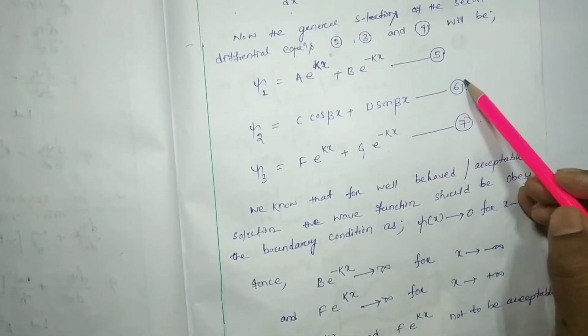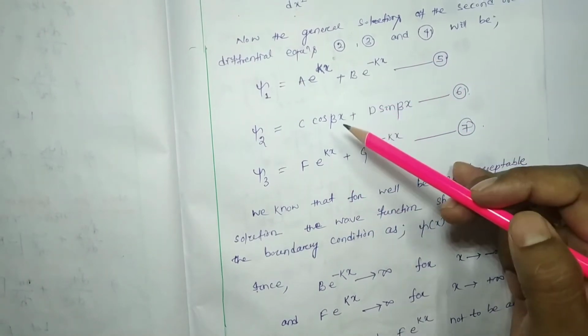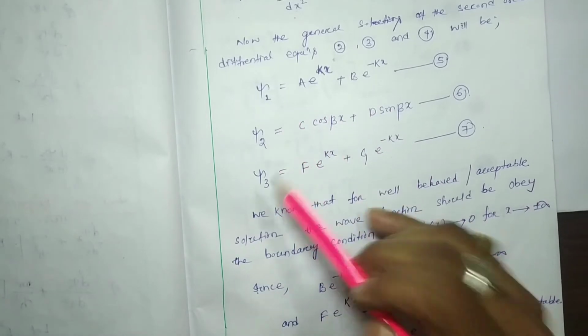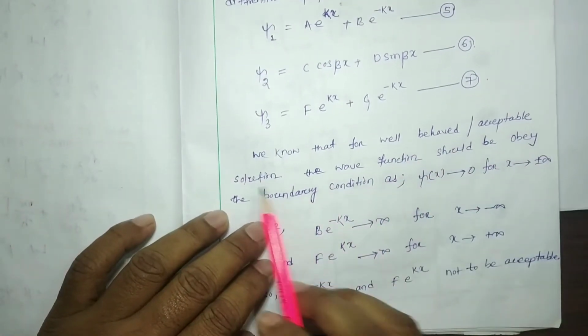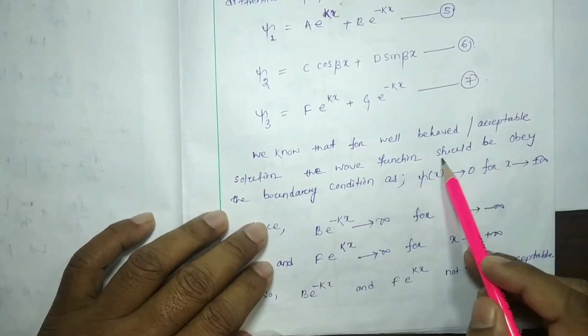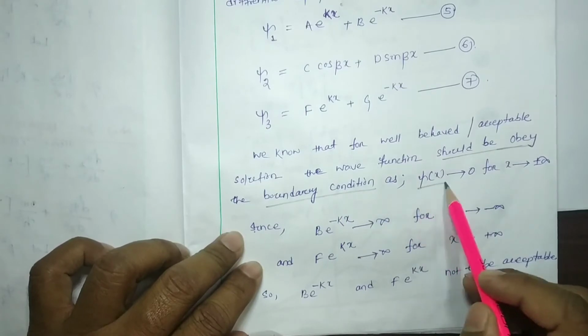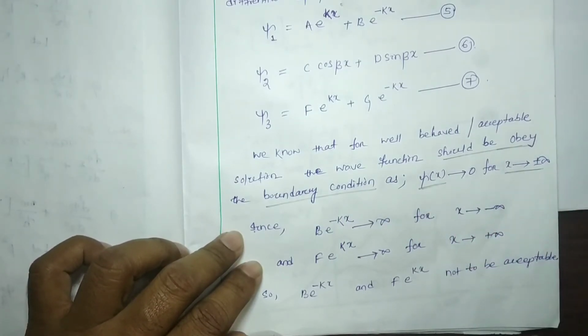So equations 5, 6, 7 are the solutions, or wave functions, or you can say the dynamics or behavior of the particle in regions 1, 2 and 3. We know that for a well behaved, acceptable solution, the wave function should obey the boundary condition: psi of x tends to 0 as x tends to plus or minus infinity.